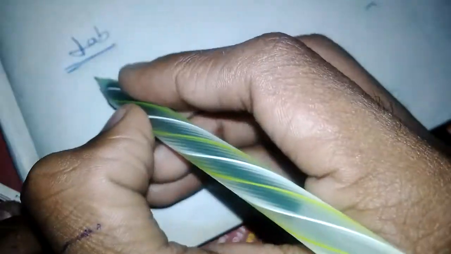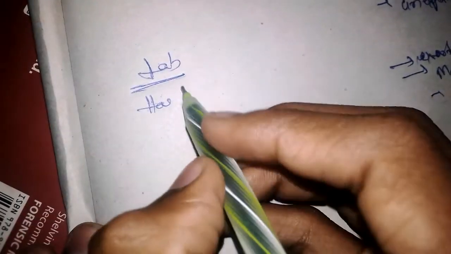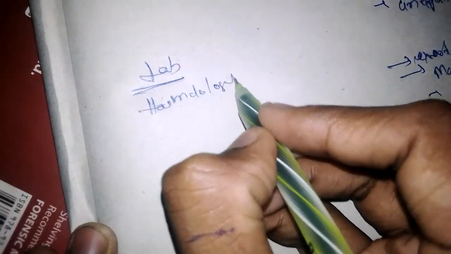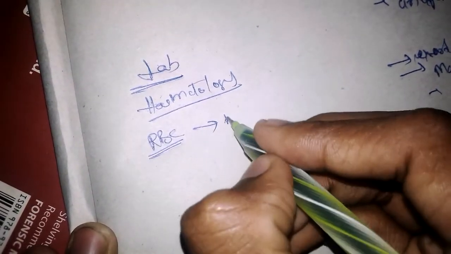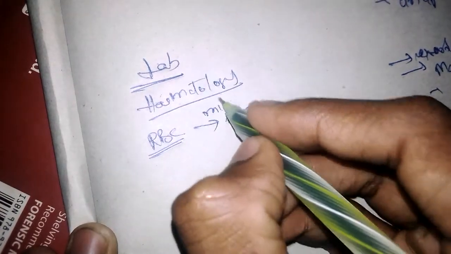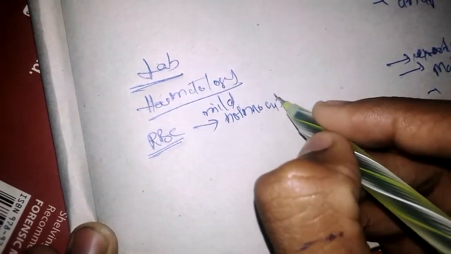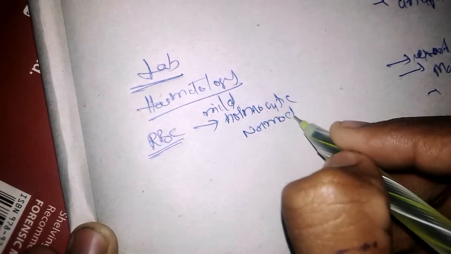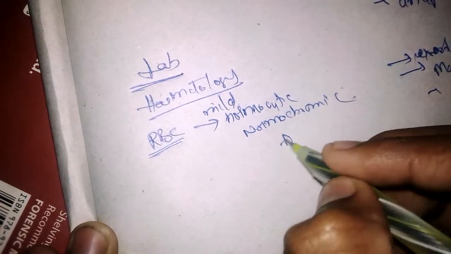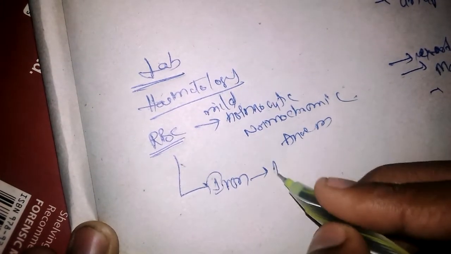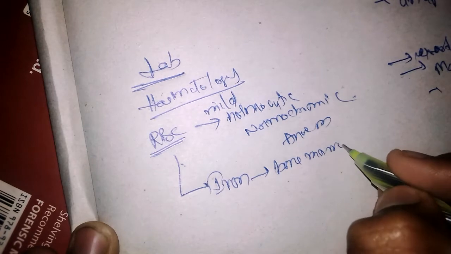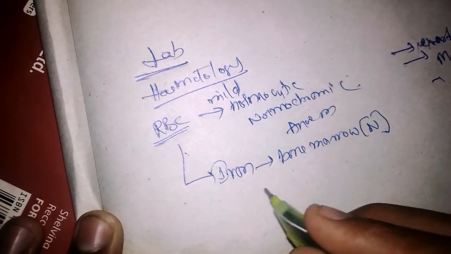And if you come to lab diagnosis, mainly hematology. First RBC. There will be normochromic normocytic anemia, mild anemia. The iron stores in the bone marrow are normal.